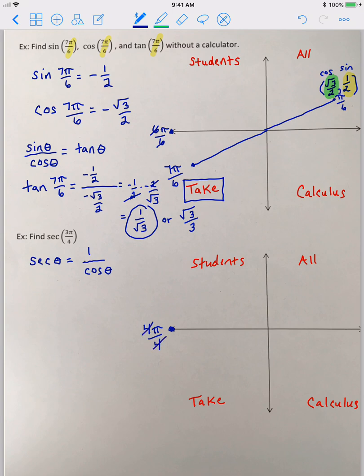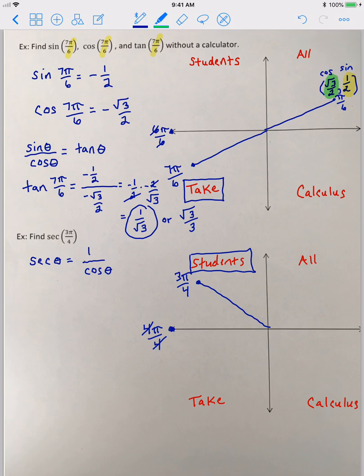I know that because pi should land at that point and 4 over 4 cancels. That's a little too far. So 3 pi over 4 should be in the second quadrant. And in the second quadrant, only the sines are supposed to be positive. And since secant is 1 over the cosine, that means that secant should also be a negative answer. So whatever pops out, I should get a negative number.